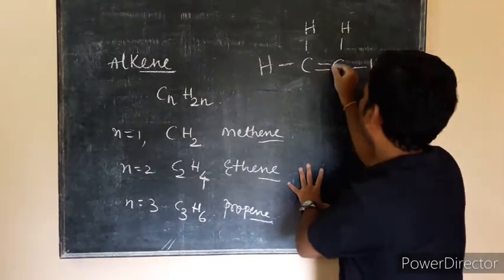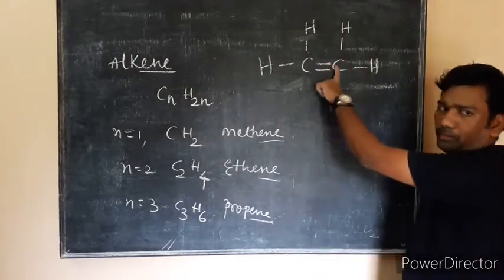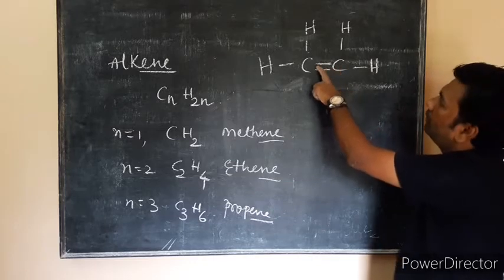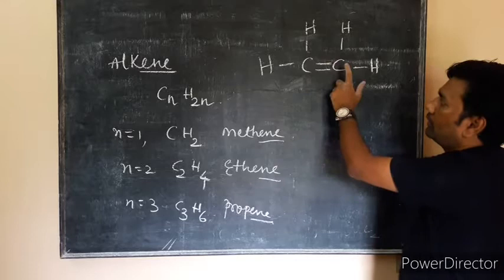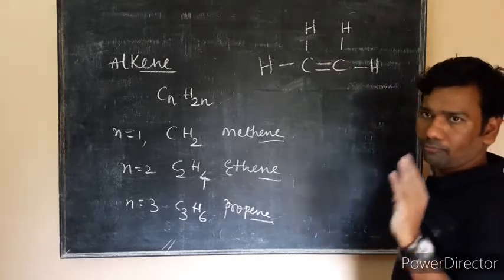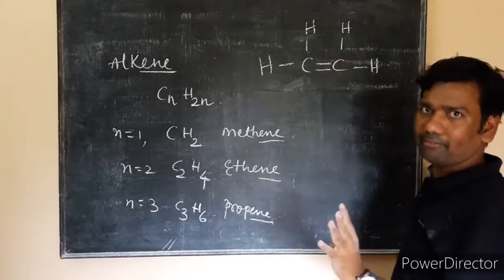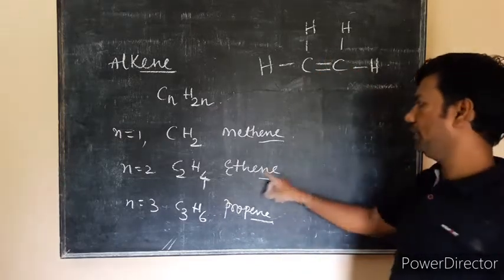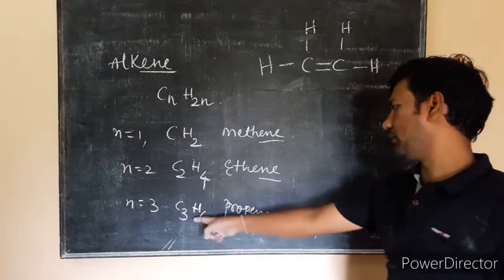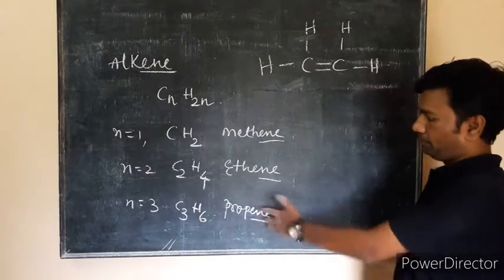That's why between carbon and carbon there will be a double bond. Here 1, 2, 3, 4. The carbon should form 4 valency, sharing 4 valence electrons. So there will be a bond. This is the structure of ethene.